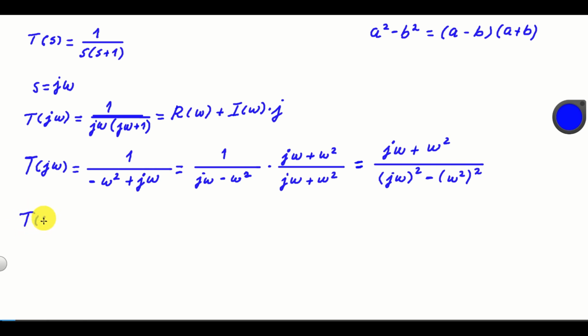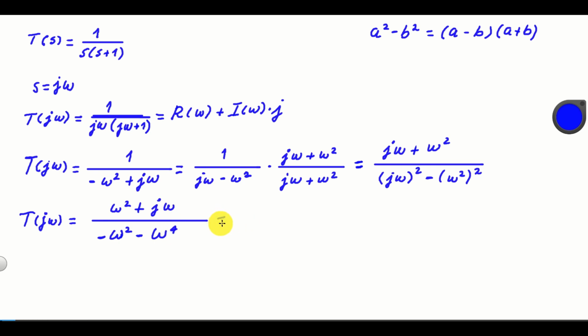So T of j omega now becomes, let's see, in the numerator we will have omega squared plus j omega, and in the denominator I will have j to the power 2 is simply minus 1, and I will have minus omega squared minus omega to the power 4.